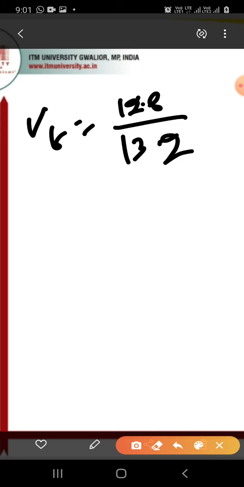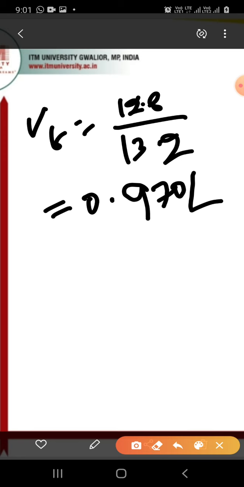After calculation you get 0.970, and as I am taking this as the reference phasor, the angle is 0 degrees.